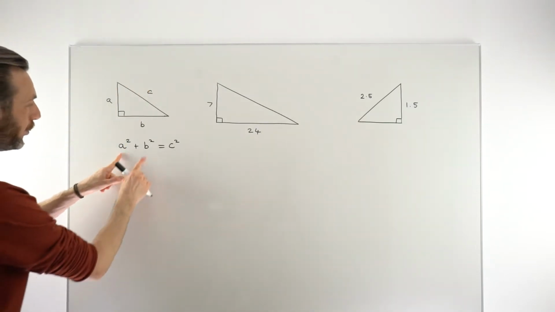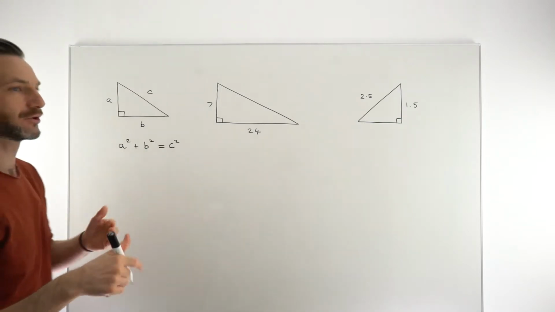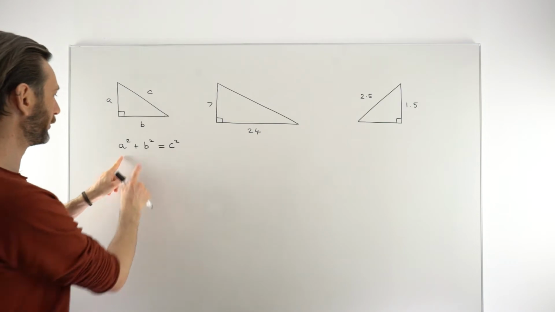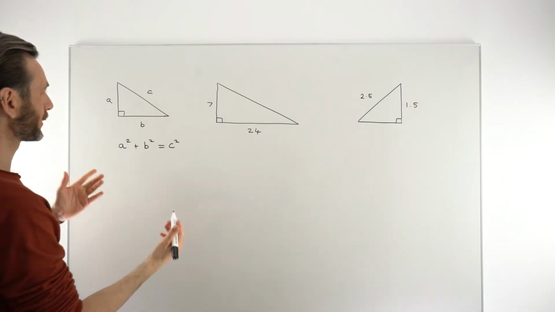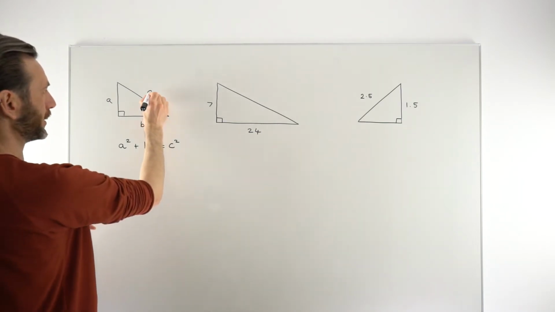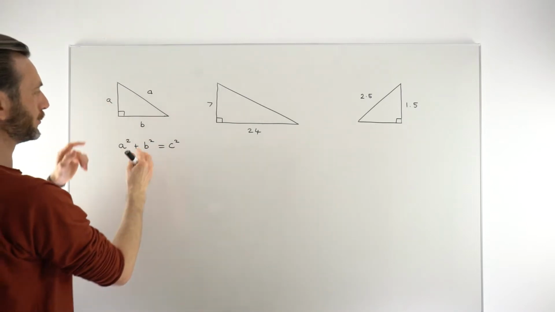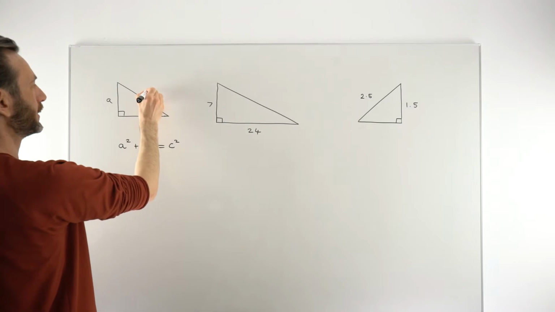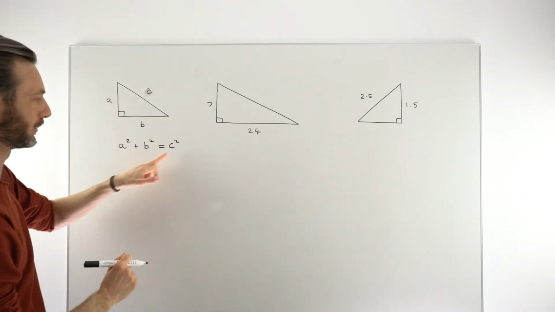The important thing is not the letters. Don't get hung up on the letters because every question is going to use different letters. I see a lot of students getting very hung up on A, B and C, but for example, a question might have, you know, this is A and this is C over here, or some manipulation. So just think instead about short sides and long side.